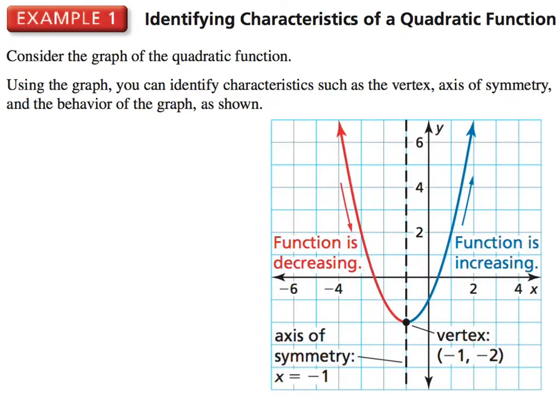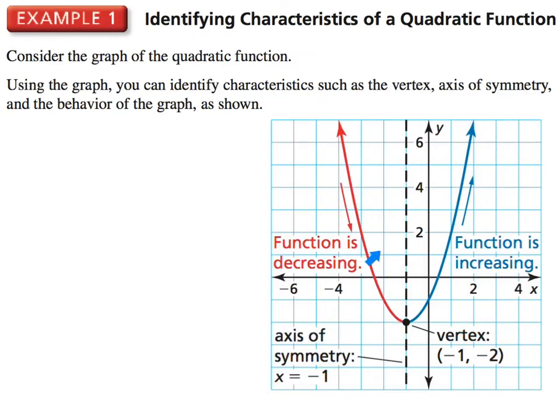The vertex is the lowest point since it opens upward. The vertex is negative 1, negative 2. After the vertex, the function is increasing. It opens upward, and you'll notice the axis of symmetry is this line right here, this dotted line, which represents the equation x equals negative 1.